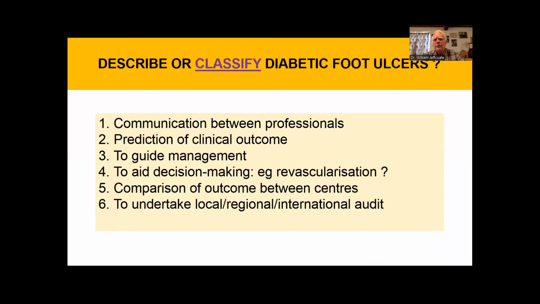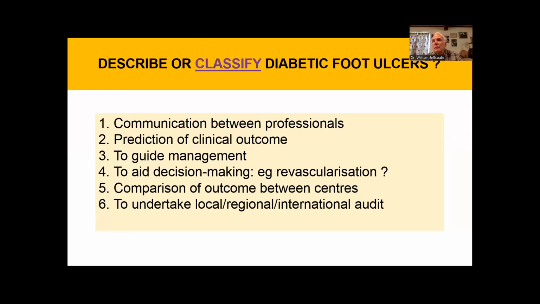But when you've got a classification, I'll come on to that in a second, there are lots of things you can do with data. It could just be communication between professionals. That's what we're talking about. You might think that you could predict clinical outcome. You say, oh, it's one of those now, that won't get better for 4 months, or there's no way that this person will get away without an amputation. Or it could be to guide management in some way. Signs of infection, obviously linked to treatment of infection.